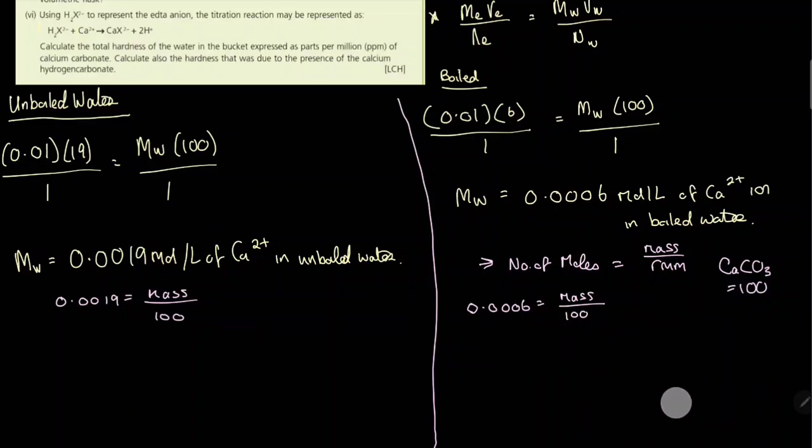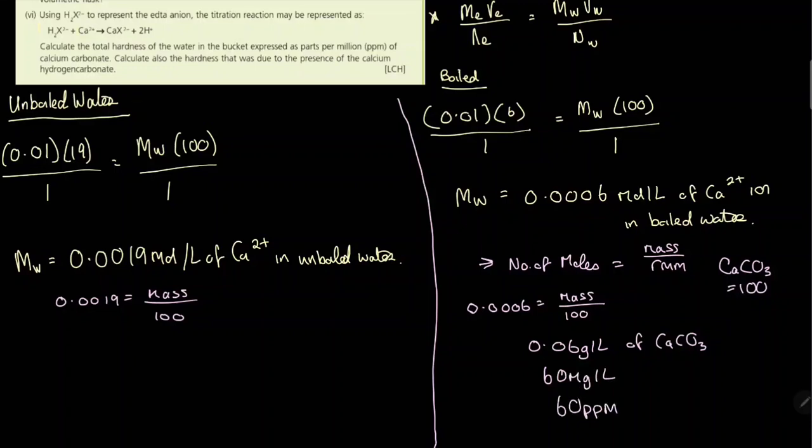This should actually read out to be that 0.006 should have turned into 0.06 grams per litre of the calcium carbonate. And turn that into milligrams, it's going to be 60 milligrams per litre, which is 60 parts per million.